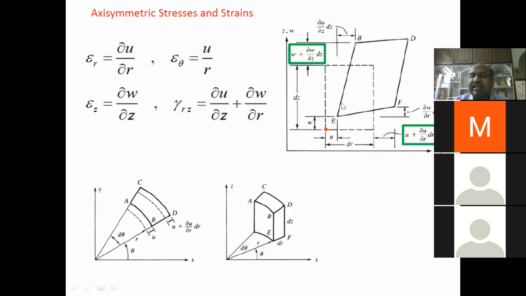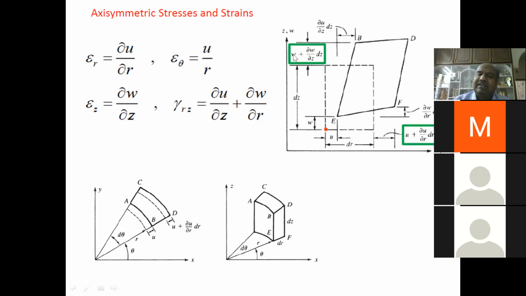So you can see a rectangular element, when you have a small differential change in the member, then you have a change here and a change there, and the orientation changes angularly. And you can find dou w by dou r dr, and on the radial side u plus dou u by dou r dr. The z side, which is y in a normal case, but here r theta z is normal.